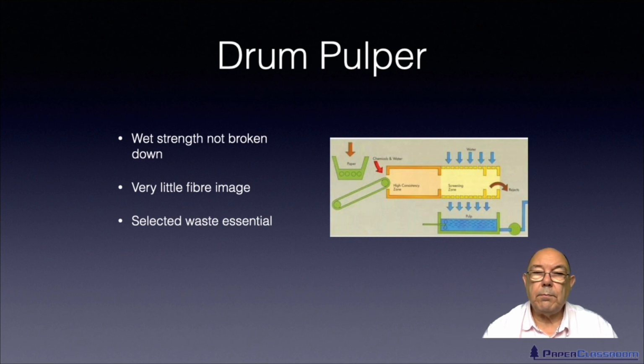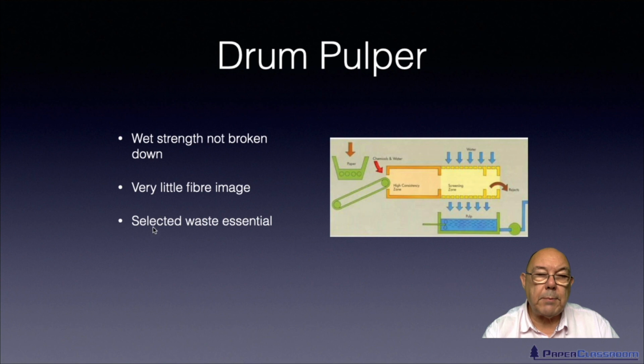If you have, for example, a piece of blue hand towel, blue tissue full of wet strength, if that dropped in at this end, it would fall out of this end intact. So you don't want to be buying something that you're then going to have to pay for someone to take it away.